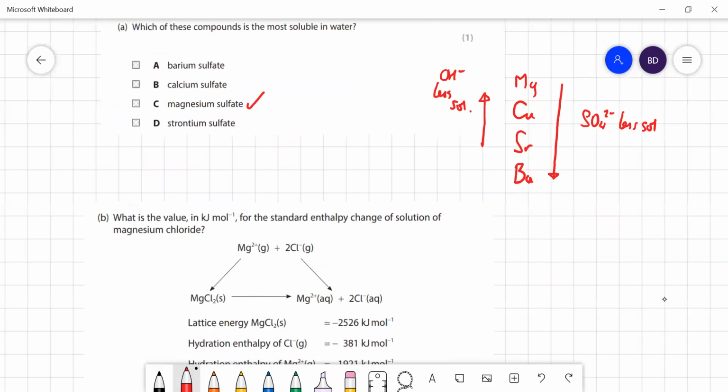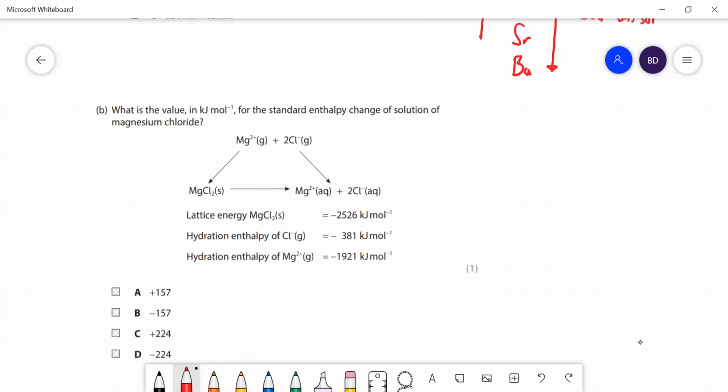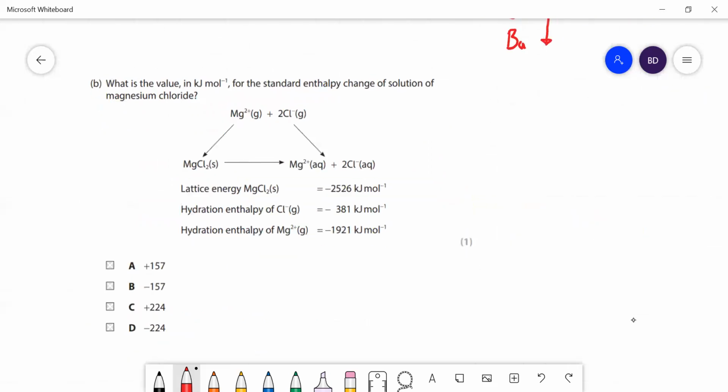What is the value in kilojoules per mole for the standard enthalpy of solution of magnesium chloride? Let's look at this Hess's law energy cycle, and at this red arrow here. We are forming 1 mole of ionic compound from its gaseous ions, so that is the lattice enthalpy, the red one, and that is minus 2526.